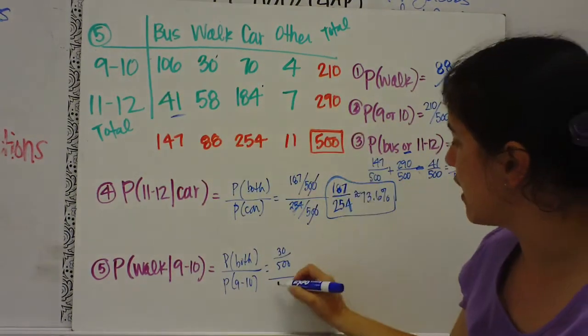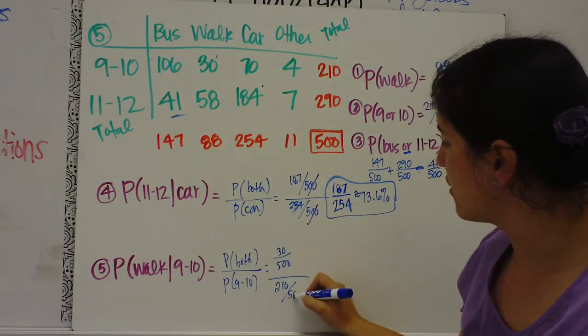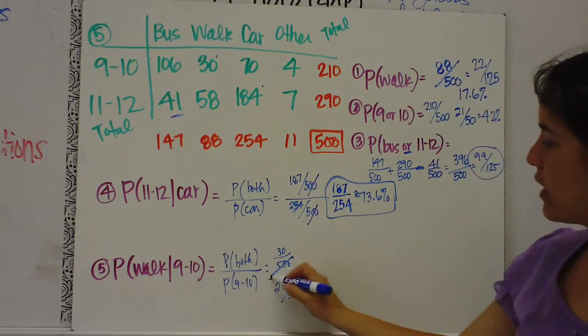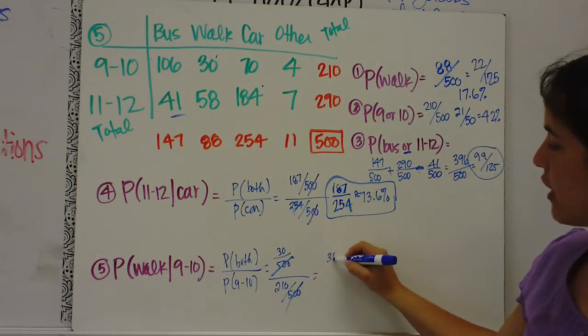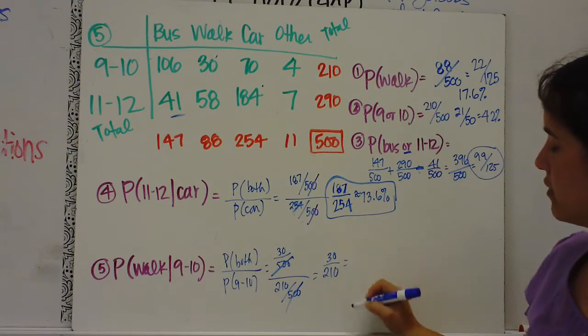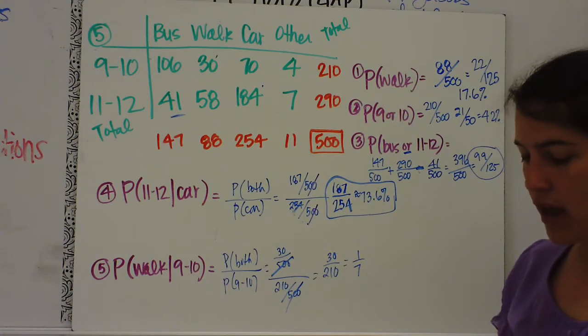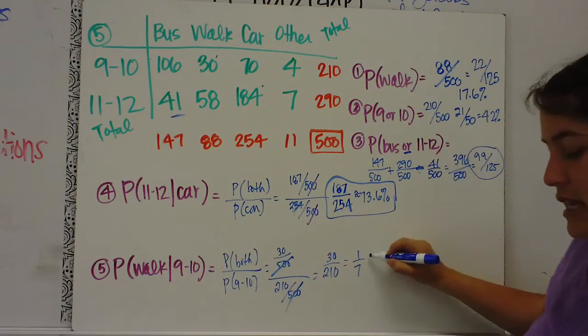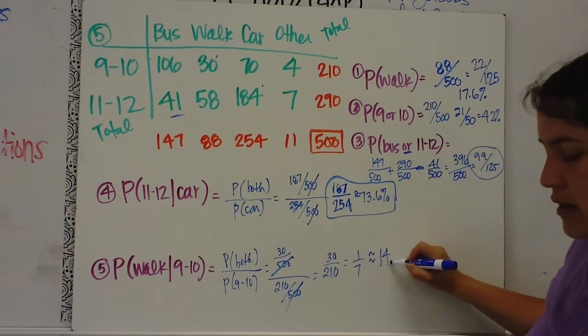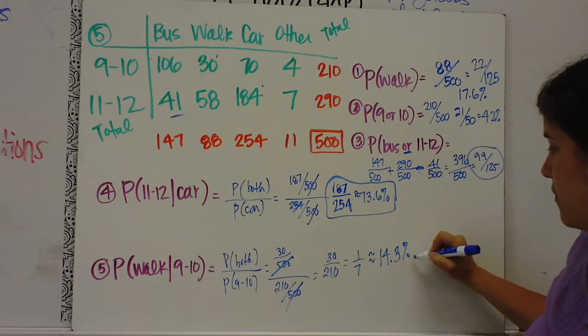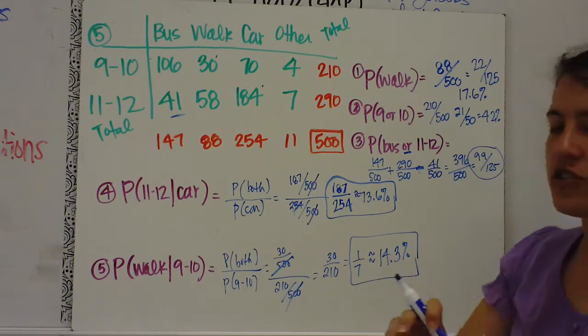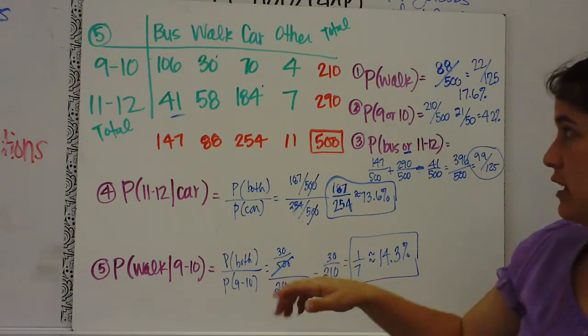So there are 210 9th and 10th graders. We can cancel out the 500, so we get 30 over 210, which can be reduced to 1/7. And 1/7 as a percent is about 14.3%. So that is the conditional probability.